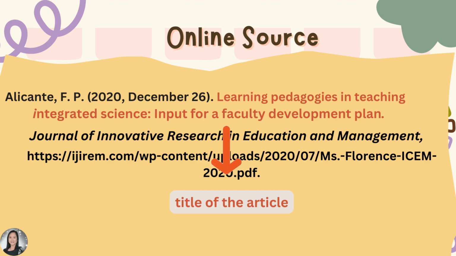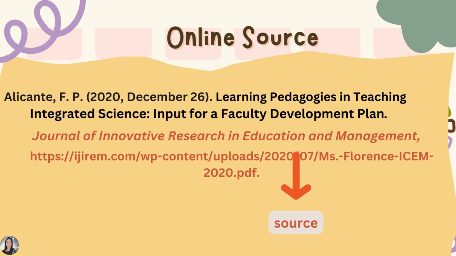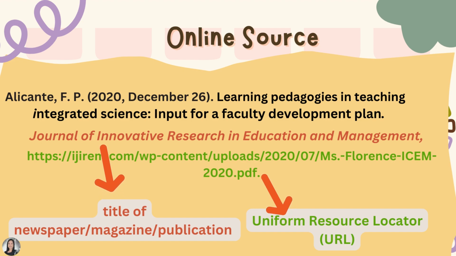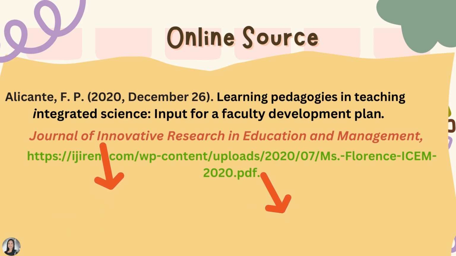The title of the article as the third part, written in sentence case, and the source as the fourth part. For the source, do not forget to include the title of the newspaper, magazine, or publication, written in italics, and the beginning words are capitalized. And then, the uniform resource locator or the URL.